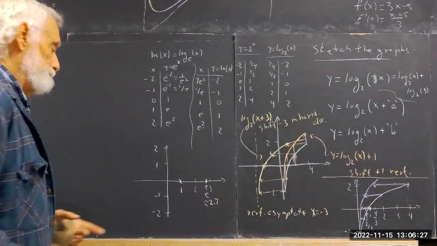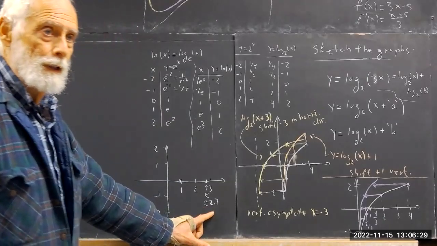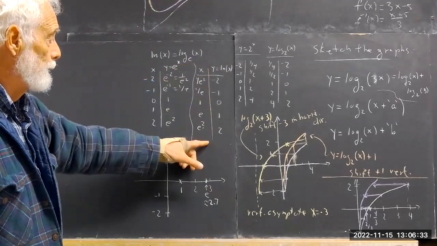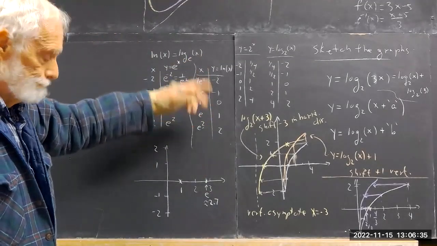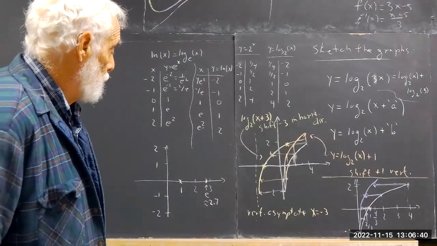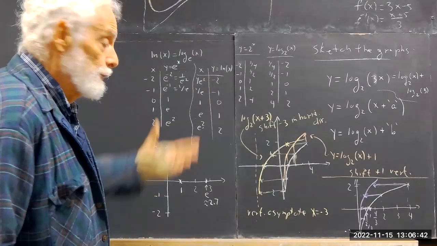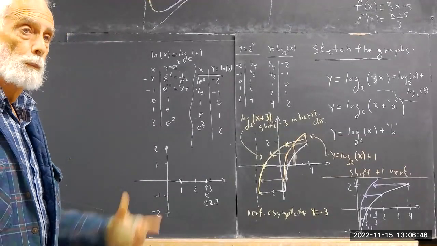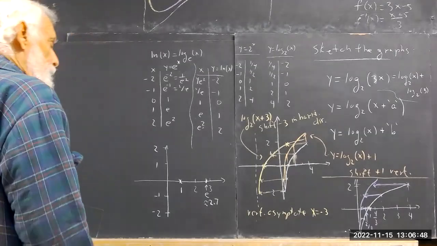Just for the sake of graphing the function on this domain, we can say e is about 2.7. E squared is then going to be about 7.29, a little more than that, 7.3.